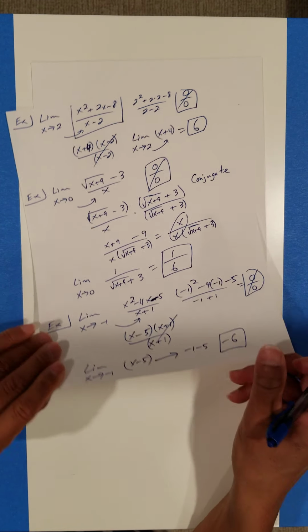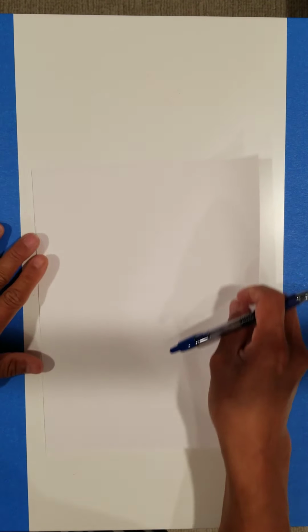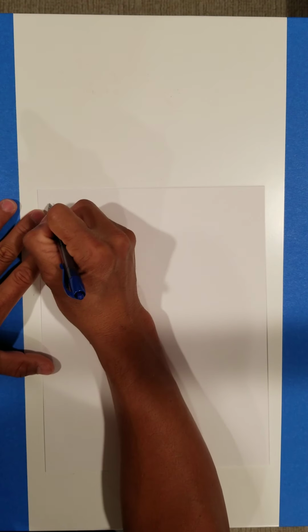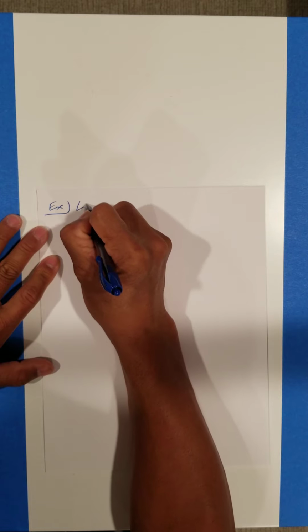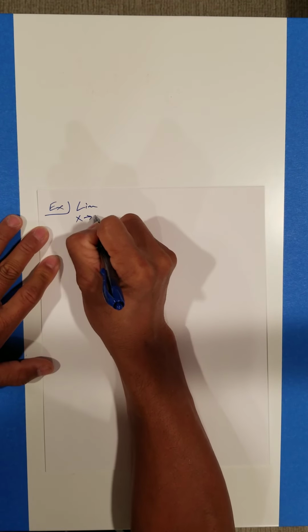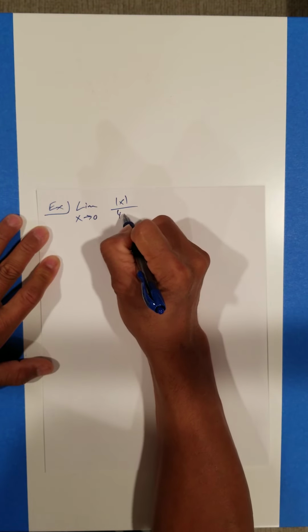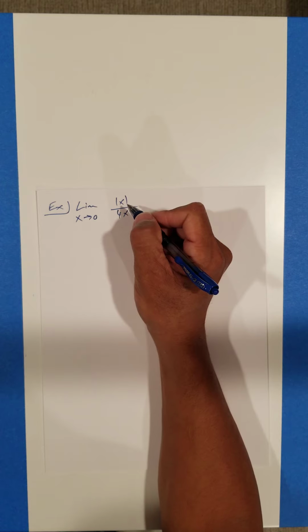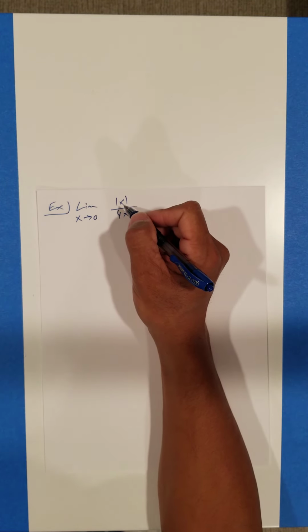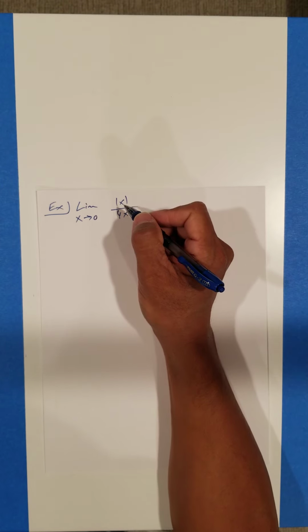Now, there are times when, unfortunately, there's going to be no limit. Like this one right here: the limit as x approaches 0 of absolute value of x over 4x. Unfortunately, this one is not going to have a limit.